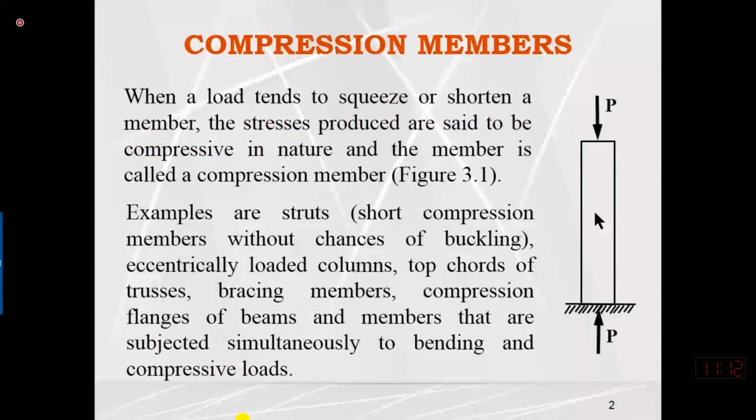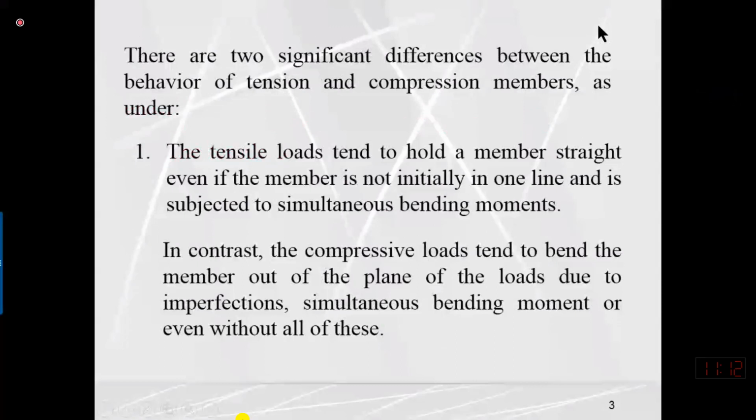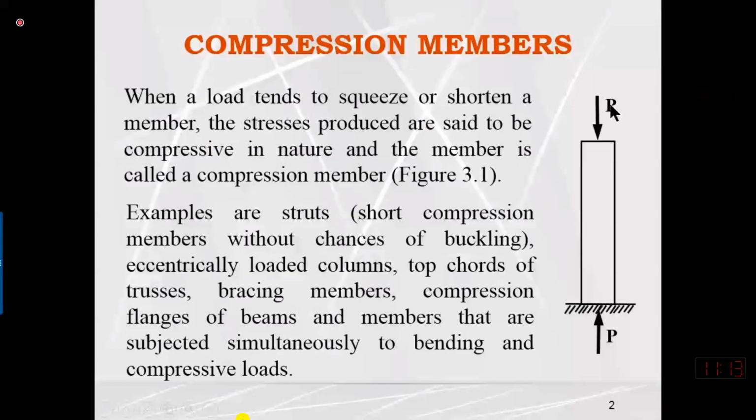If I apply a tensile force in the upward direction, then this member will fail when the load is equal to 250 kilonewton. 250 divided by 1, the stress will be equal to 250 megapascal, which is equal to the yield stress.